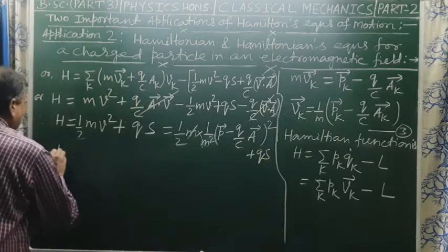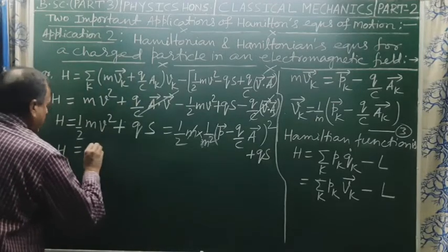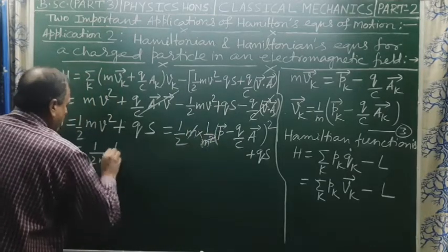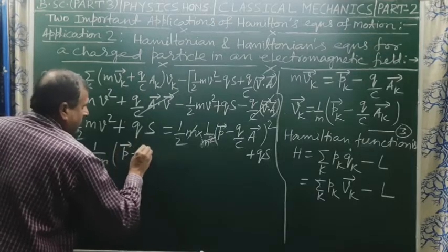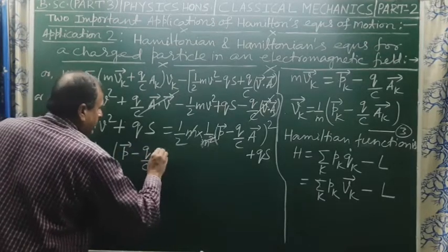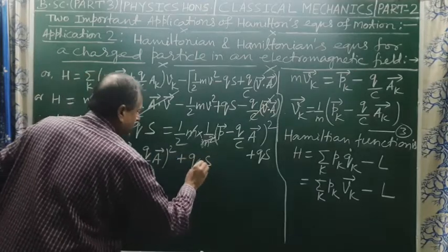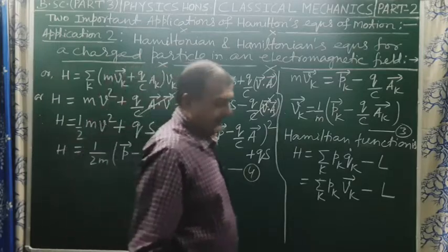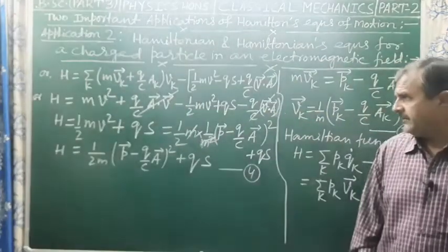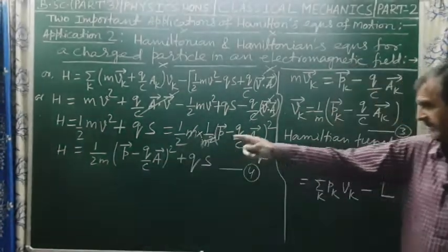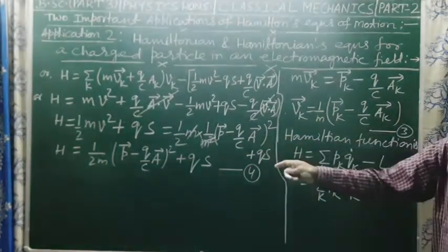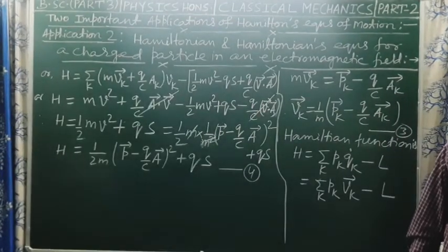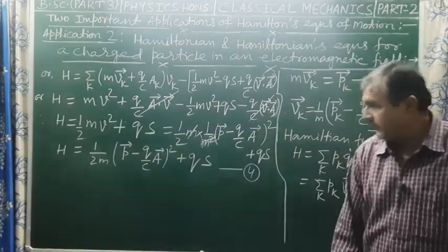So finally the Hamiltonian is H equals 1/2 and one power of m in the numerator cancelled, so 1/2m p vector minus q by c A vector squared plus q s, and this is the final equation for the Hamiltonian of a charged particle in an electromagnetic field, which is H equals 1/2m p vector minus q by c A vector whole square plus q s, and this is the expression for the Hamiltonian of a charged particle in an electromagnetic field.